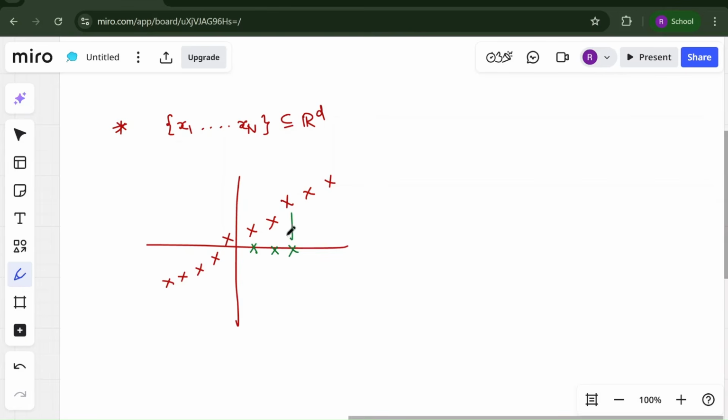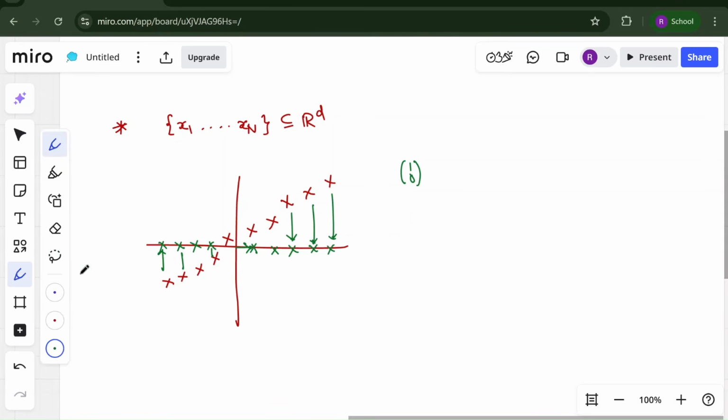So I'm bringing all of them down, projecting them onto the x-axis, and I'll store the green entities. In order to store the green entities, I just need to store the direction, which is 1 0. I need to store this direction and the scalars corresponding to these projected data points.